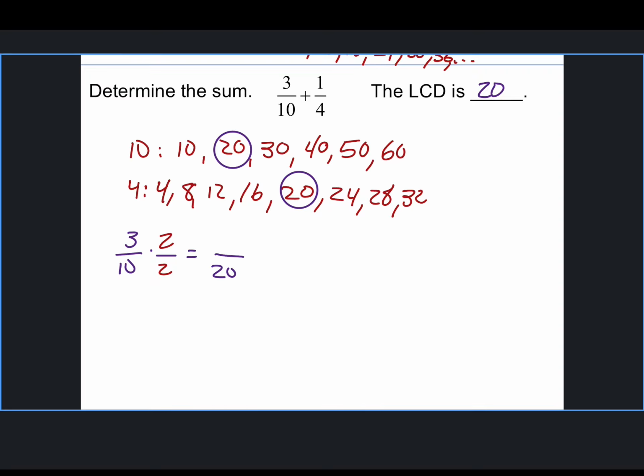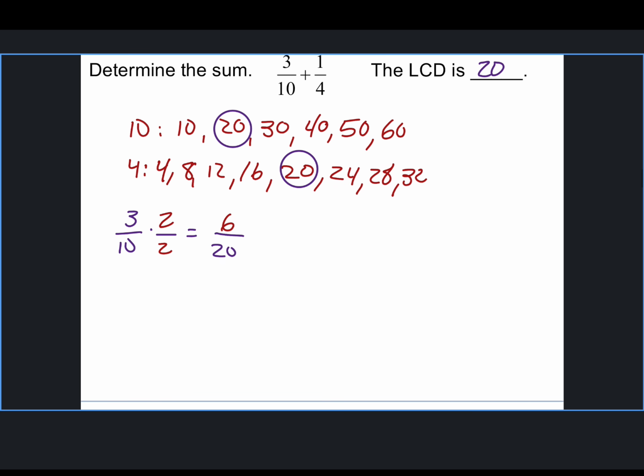So when we have 2 over 2 in there, we do 10 times 2, which gives us our denominator of 20, and 3 times 2, which gives us our numerator of 6. So when we get ready to add these, 6 over 20 is going to replace the 3 over 10.